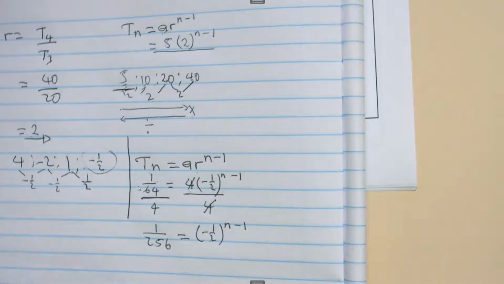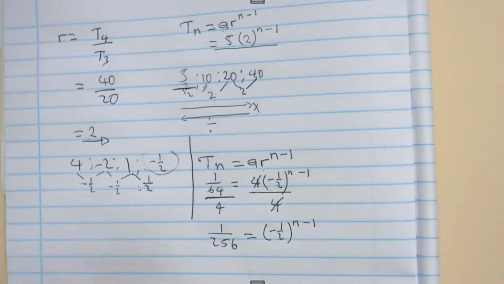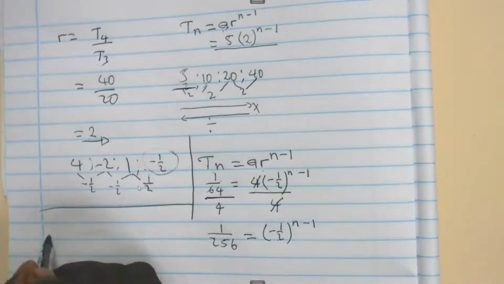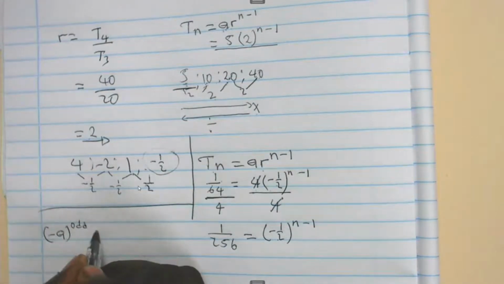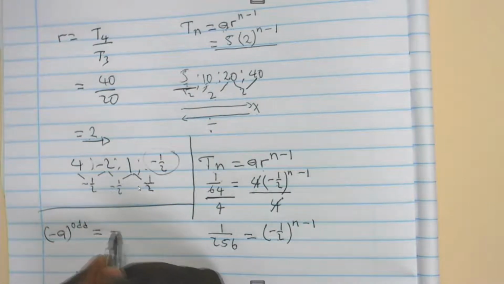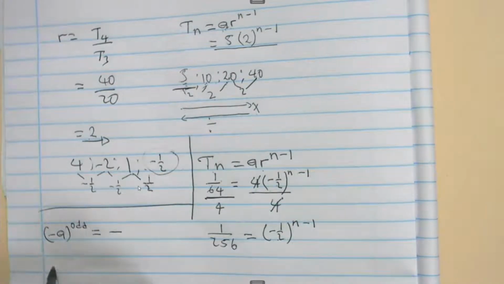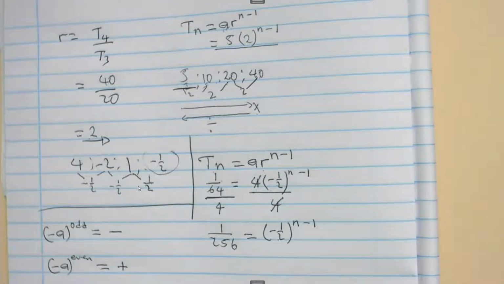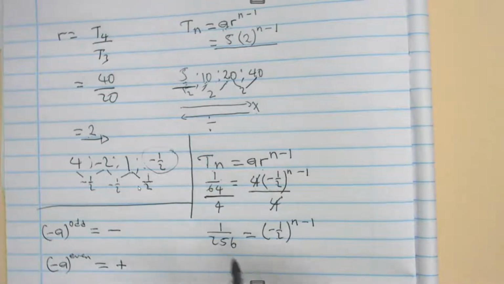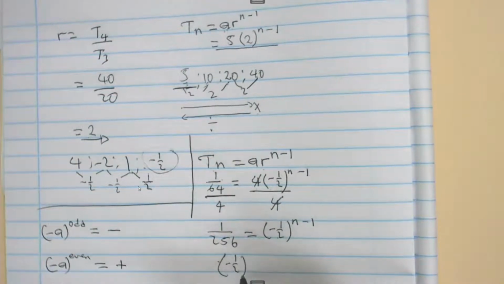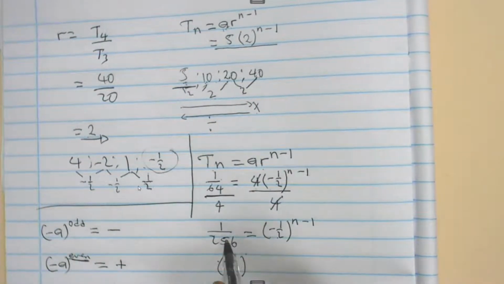Remember in grade 11 we did the laws of exponents, and we said that a negative number to the power of an odd number gives a negative answer, but a negative number to the power of an even number gives a positive answer. So we can obtain this positive number by having negative 1 over 2 to the power of any even number.